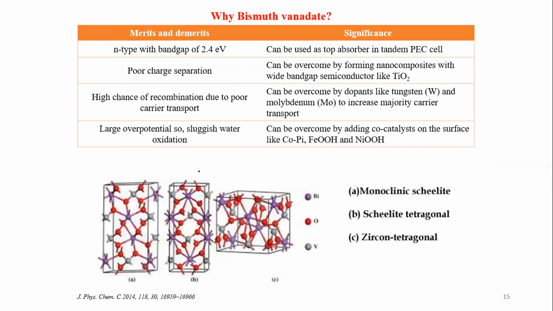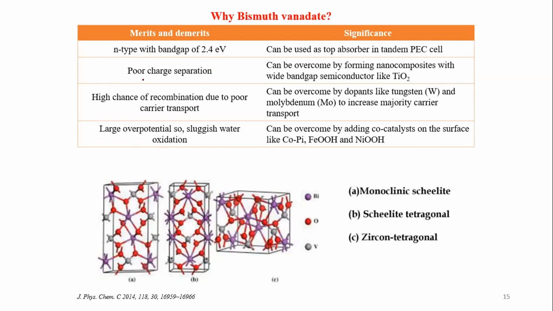There are well documented literature results available, but bismuth vanadium oxide has a band gap of 2.4, and it's an n-type semiconductor. Even though it has a suitable band gap for water oxidation, that is to split water into oxygen, it also has some drawbacks.